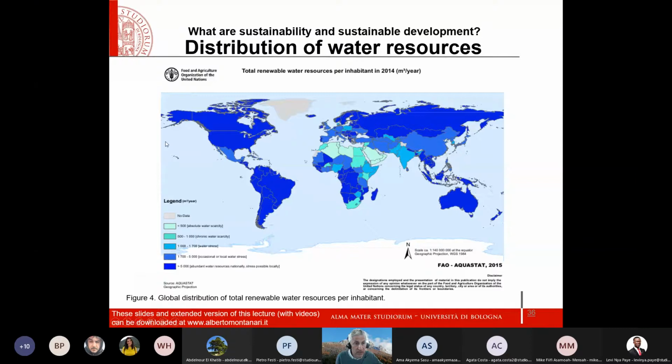Okay, now, distribution of water resources, it's similar to the distribution of rainfall. What I want to tell you is that these slides are taken from the FAO database. If you look at the bottom right of the slide, you see that the slide is taken from the Aquastat database of the FAO.